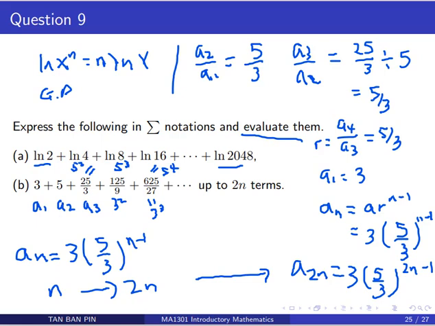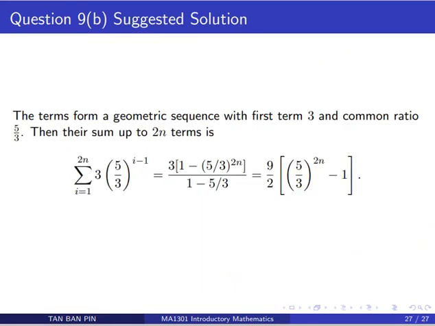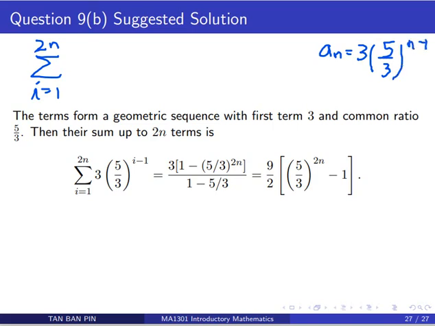So we get the sum of a1, a2 until a_2n. So the answer should be summed from 1 to 2n. Then your formula for a_n is 3 times 5 over 3 power n minus 1. So it means a_i should be 3 times 5 over 3 power i minus 1.